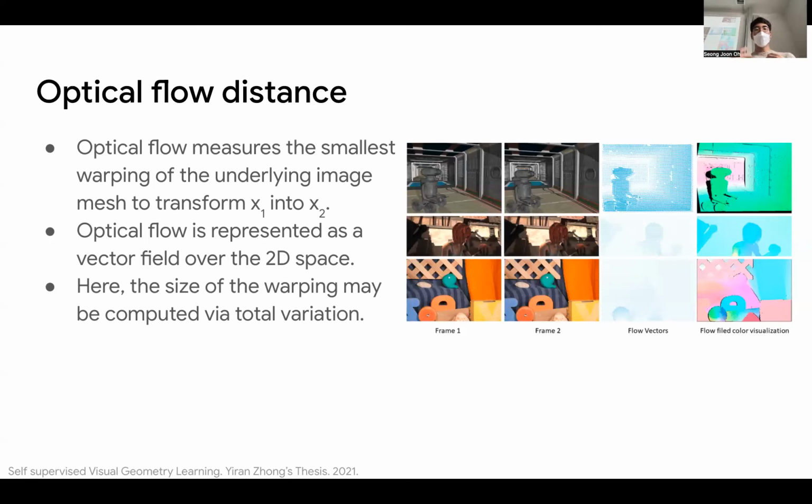That gives you an idea of how much warping has taken place from scene 1 to scene 2. Typically you measure that for video frames. So for frame 1 and frame 2, you measure optical flows, and they're encoded in terms of colors. Color here is the direction, and the intensity is the magnitude of the vector. So in a sense, you are measuring a vector field as a result of measuring optical flows.